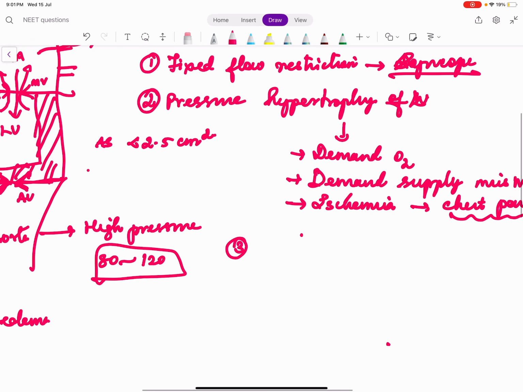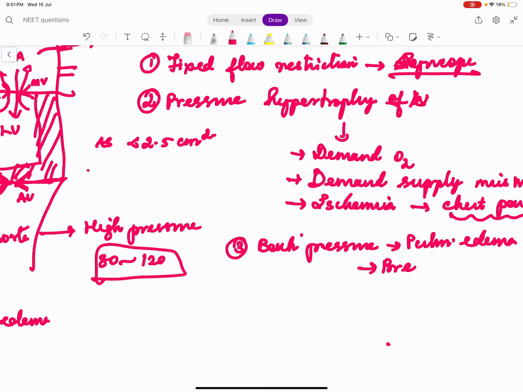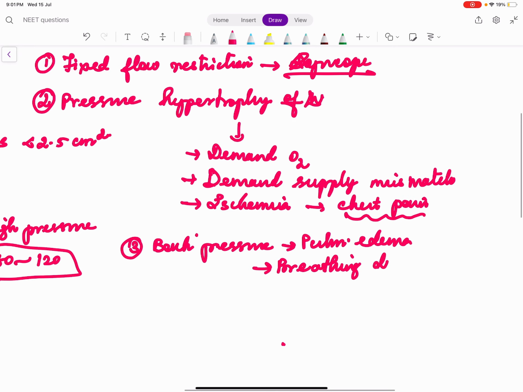So the back pressure leads to increased pulmonary capillary wedge pressure or pulmonary edema. That's the reason for breathing difficulty. So this is the pathophysiology of aortic stenosis.